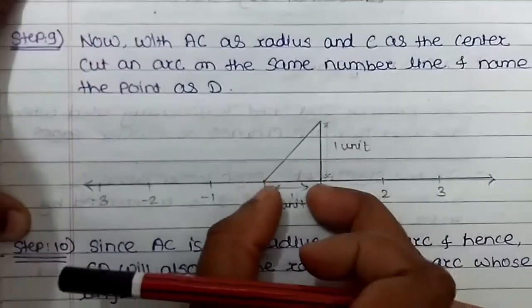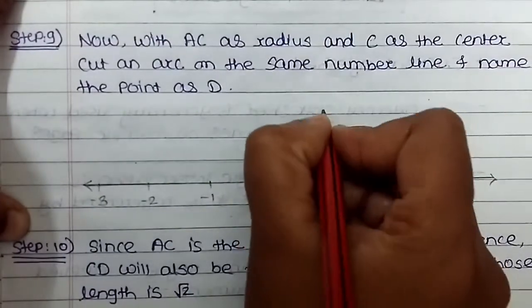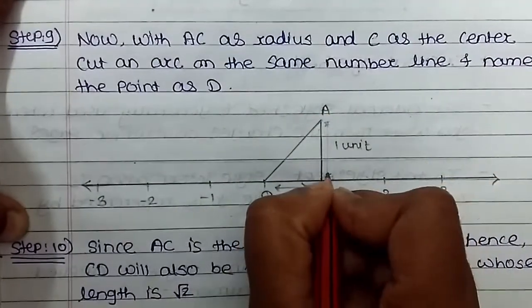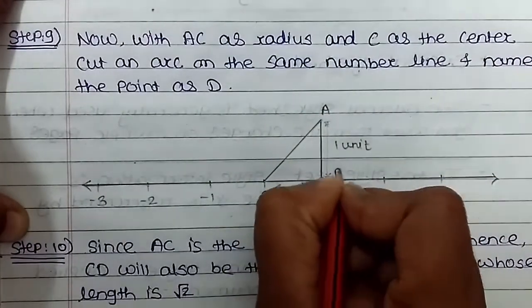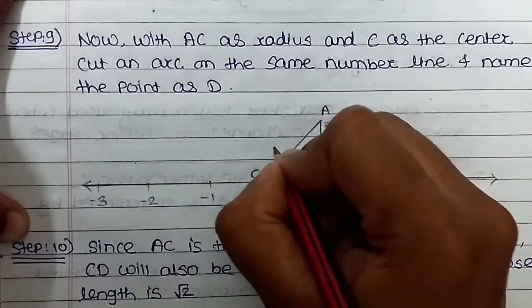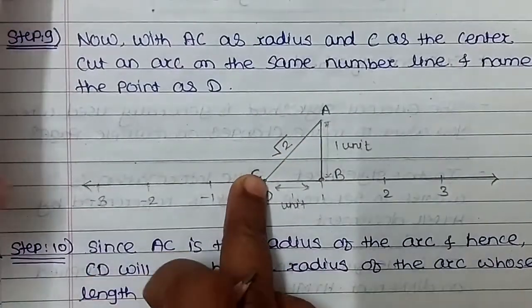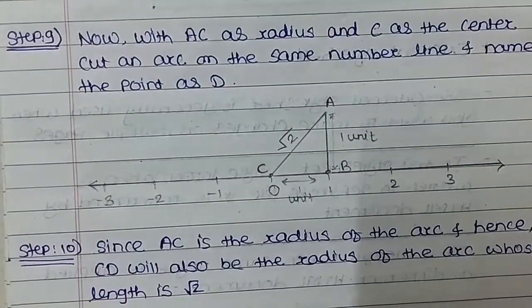That means distance between this one and this one is same. Now next step we have to do naming. That means A here, B point is here, and C point is here, and we have to calculate AC, that is root 2. Okay, this is the previous step. We have to do all these things.